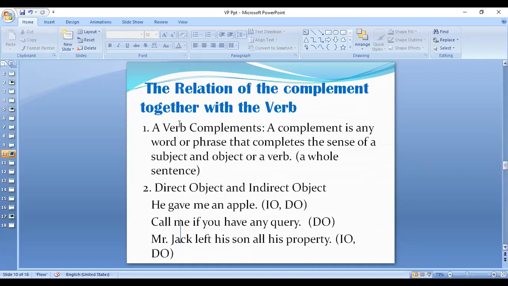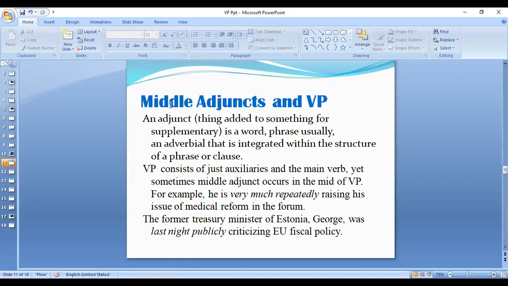Here, to identify the verb phrase, we must also have a clear concept about middle adjuncts and the verb phrase. What is the relation between middle adjuncts and the verb phrase? An adjunct means a thing added for something, for supplementary purposes, for emphasis, or for some other purpose.